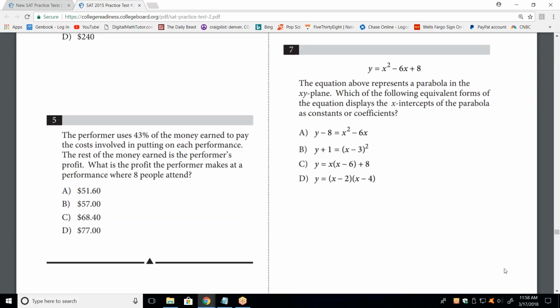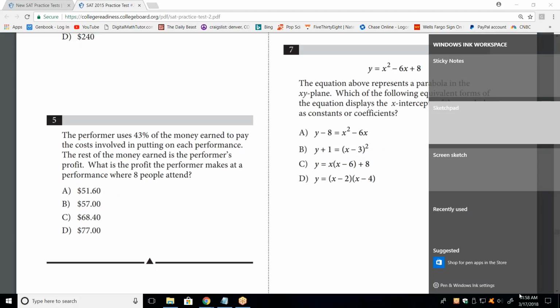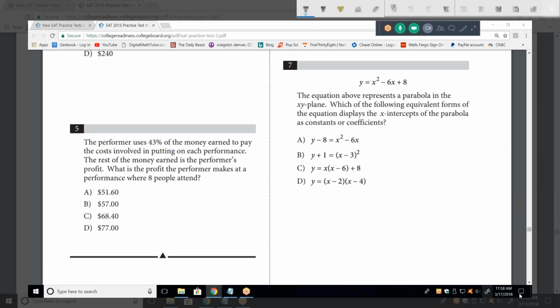This one says which one displays the x-intercepts. Which one do you think displays the x-intercepts? D. What'd you say? D.